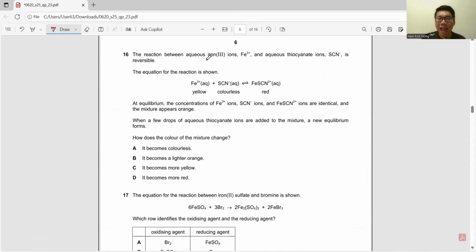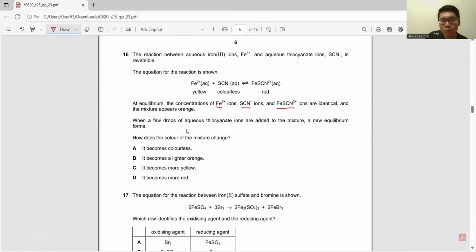16. The reaction between aqueous iron ions and aqueous thiocyanate ions is reversible. Equation for the reaction is shown. At equilibrium, the concentrations of Fe2+, SCN- and FeSCN2+ are identical, and the mixture appears orange.